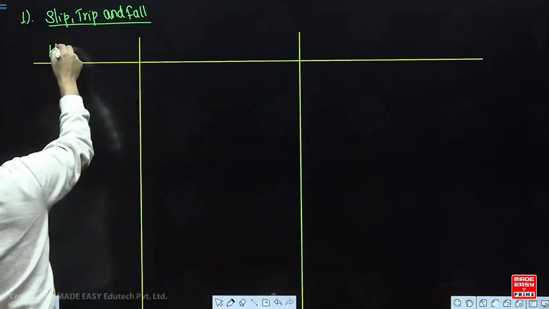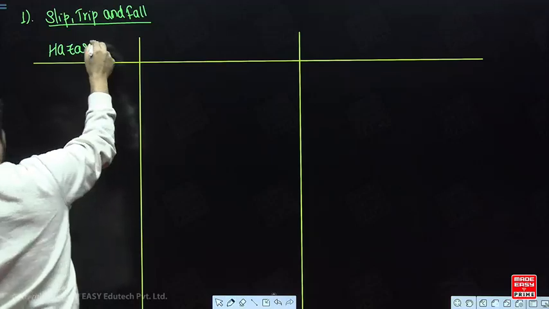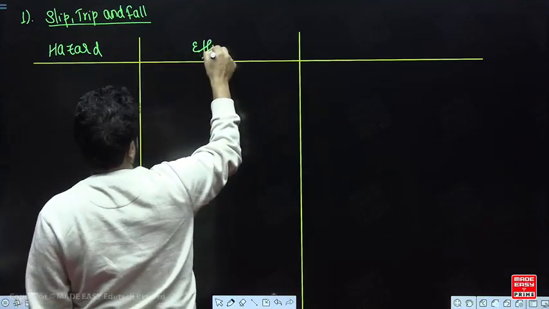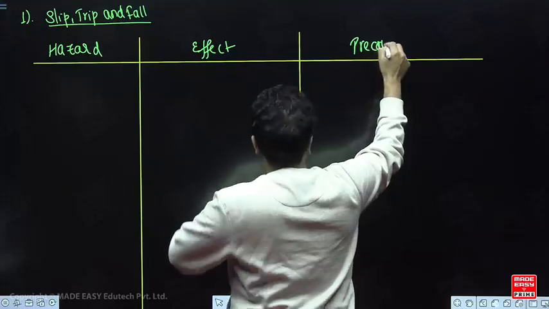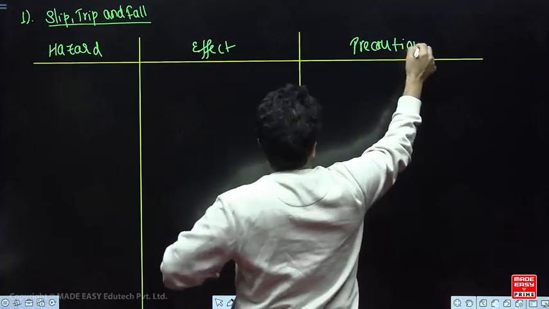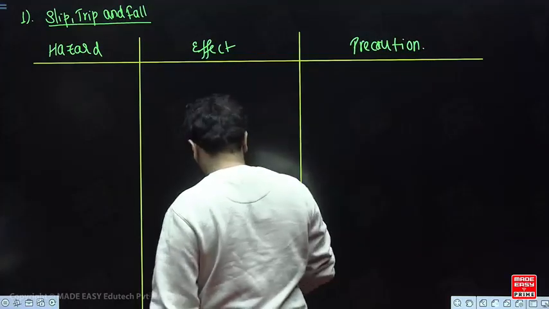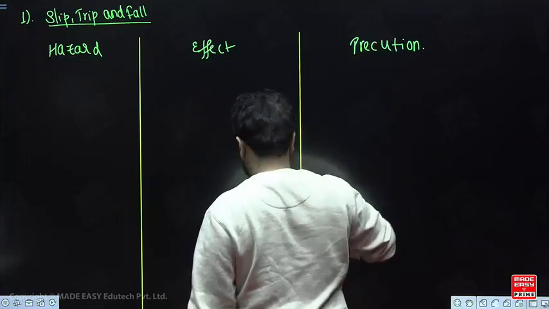So this is the hazard, effect and precaution. Correct? Hazard, effect and precaution.